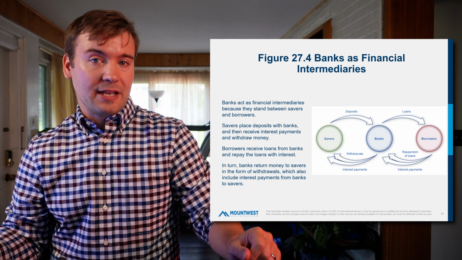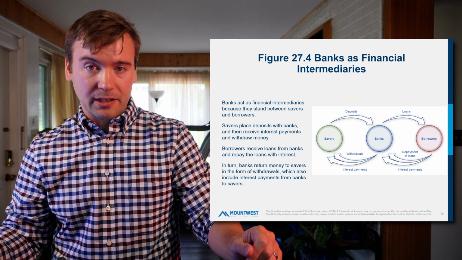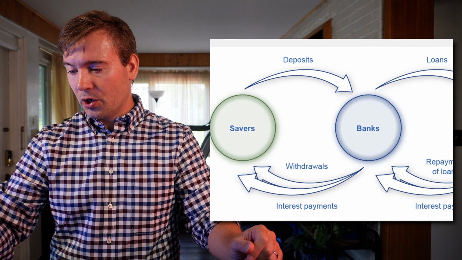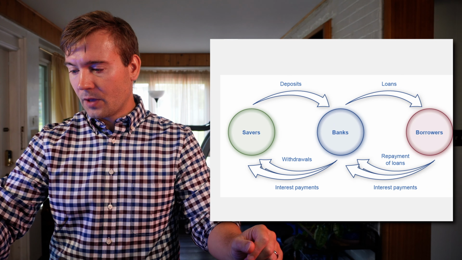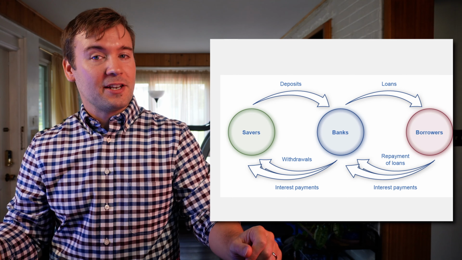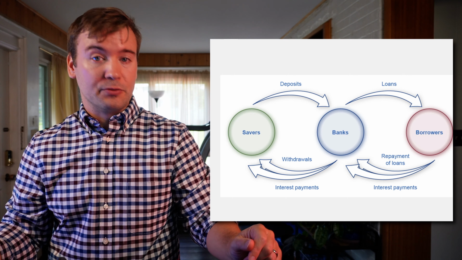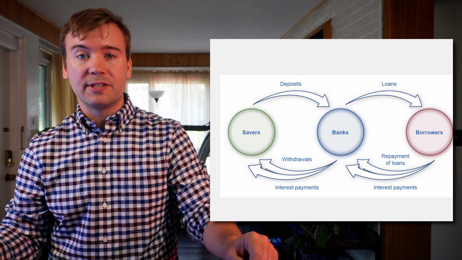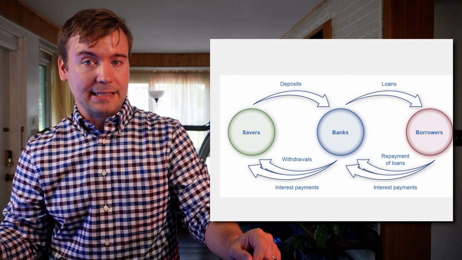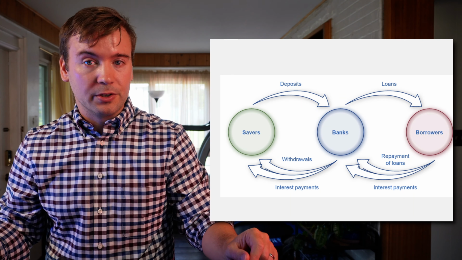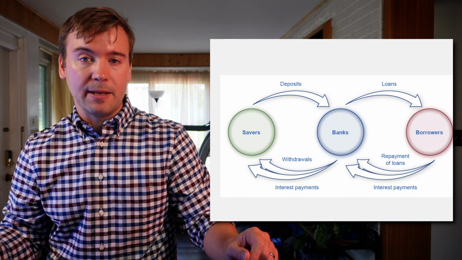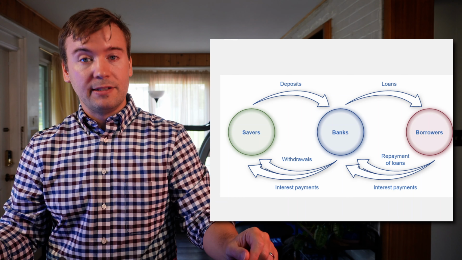So let's visualize how banks function as financial intermediaries. Imagine a continuous flow. On one side, savers place their deposits into banks. In return, they receive interest payments on their savings and they can withdraw their money as needed. On the other side, borrowers receive loans from these very same banks and they repay these loans, typically with interest.